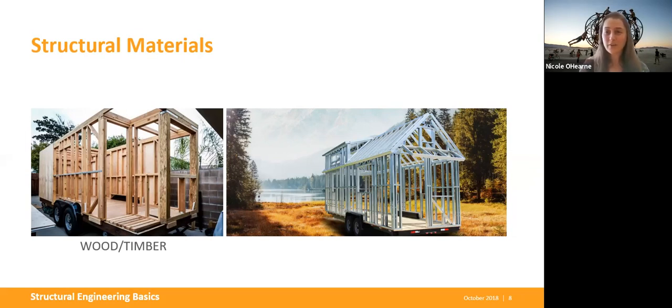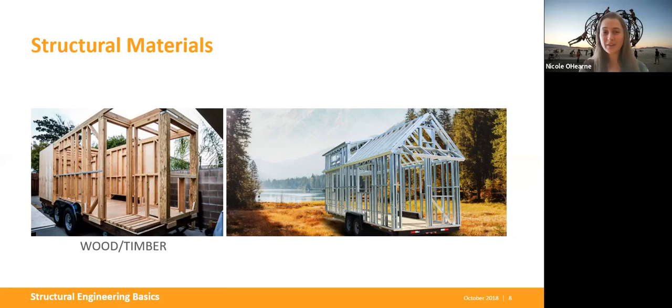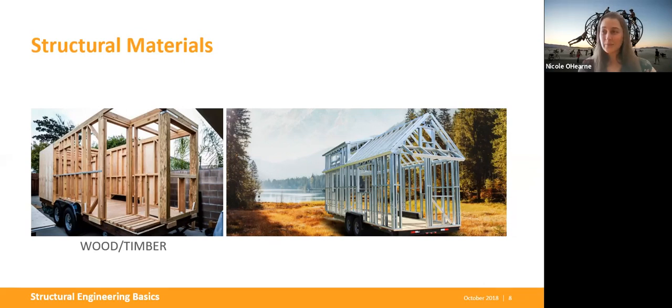And how about anybody for the one on the right? Metal. Yeah, it is a kind of metal. Anyone know what specific type of metal? Steel. It is steel, not aluminum, but aluminum does look similar. So it is called light gauge steel. Gauge is referring to the thickness.